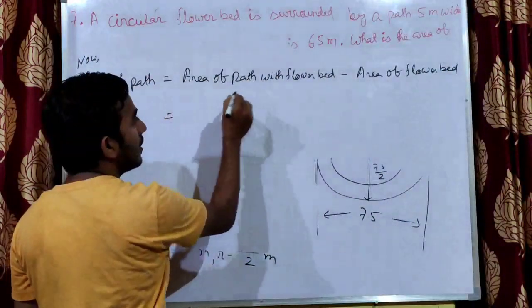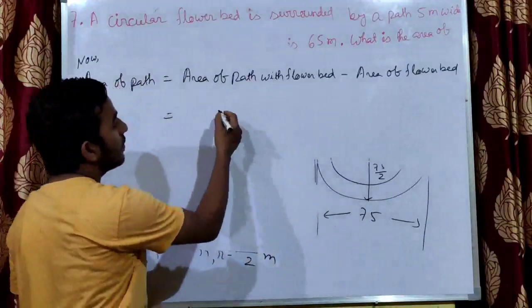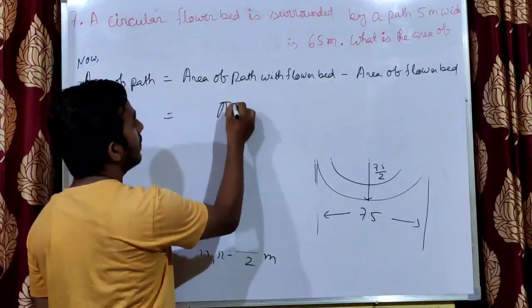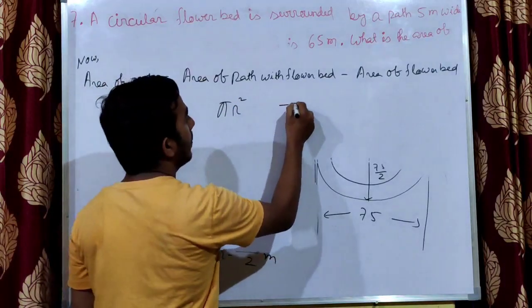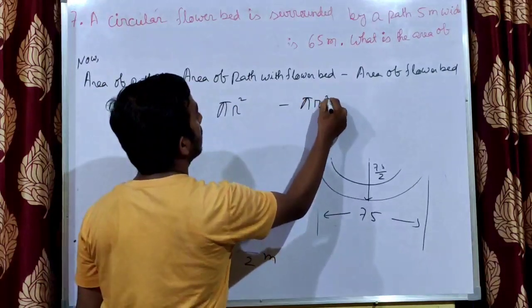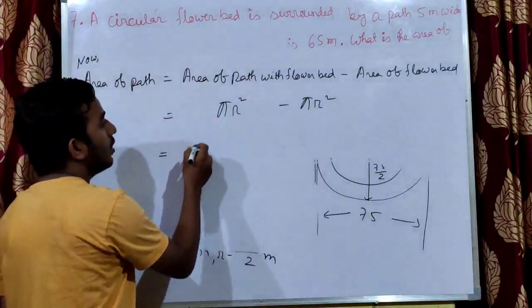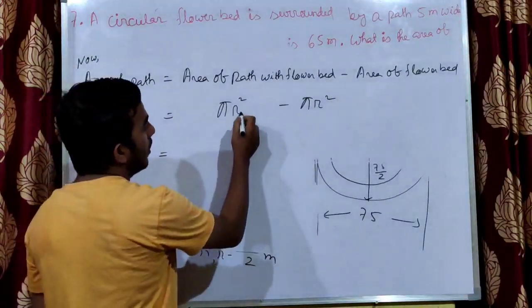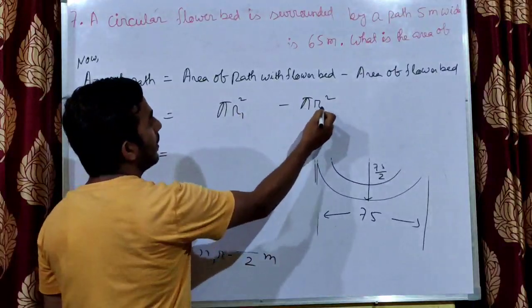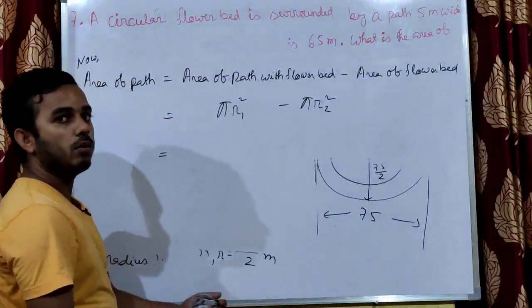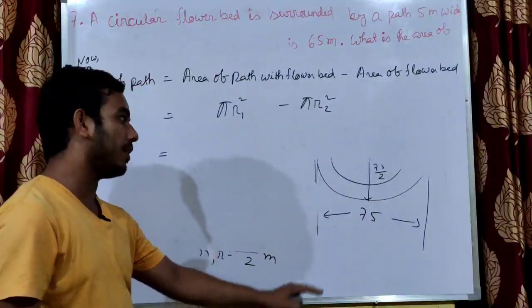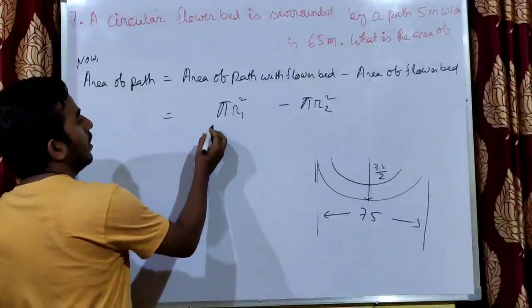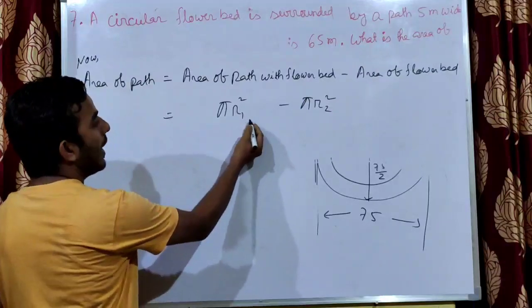So both these are in circular shape. So we will use area of circle formula, that is pi r square, right? It will be what? Pi r square minus pi r square. So suppose this is R1 and this is R2. I told you earlier also, consider the larger one is circle 1 and this is circle 2. So now here can we take common pi? Yes.